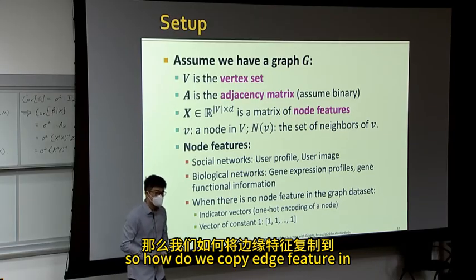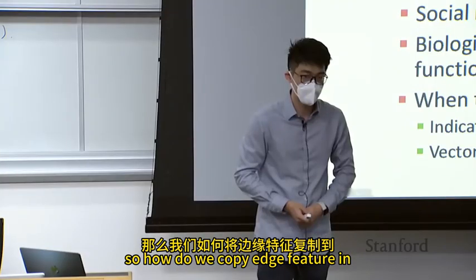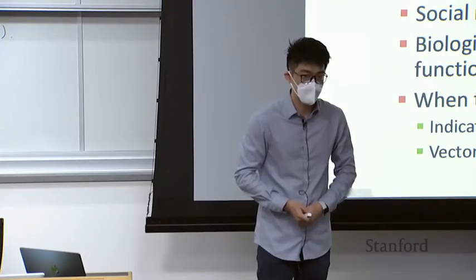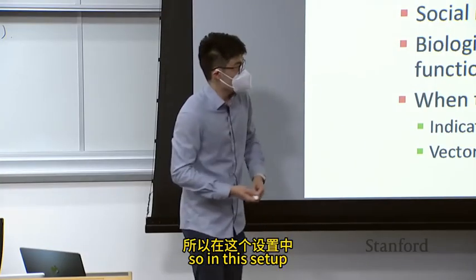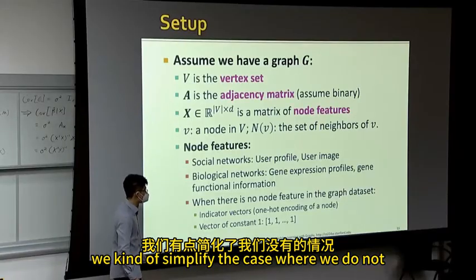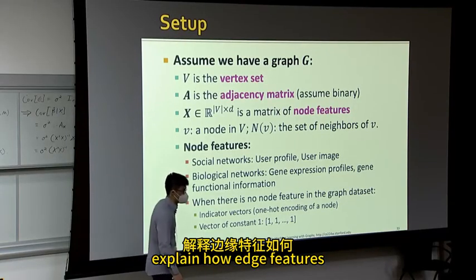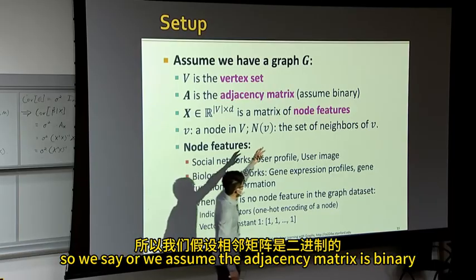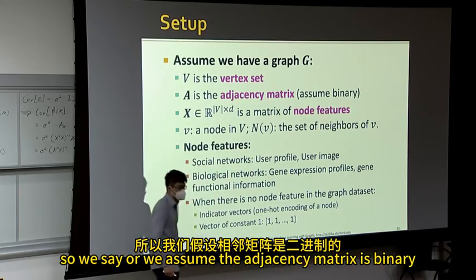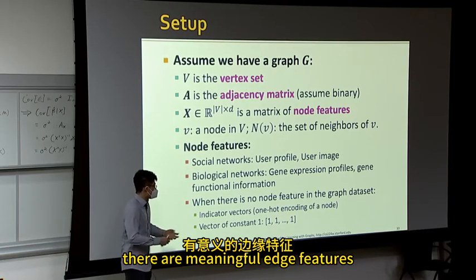Question? So how do we incorporate edge features in the training? Yeah, great question. So in this setup, we simplify the case where we do not explicitly have edge features. We assume the adjacency matrix is binary, but you can also imagine there are meaningful edge features.